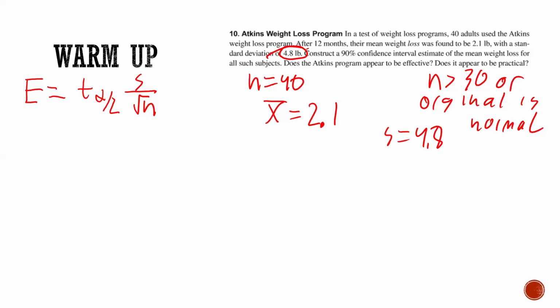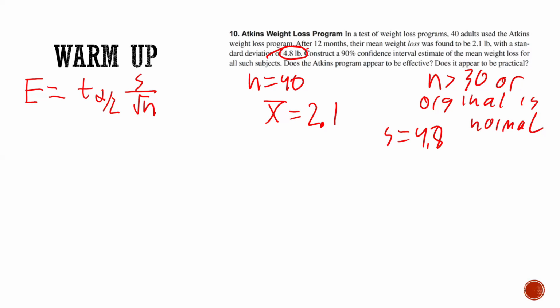Typically you don't, because you're making a confidence interval for the mean, right? If somehow you know this population standard deviation, like that would be pretty magical, right? How would you know that if you don't know the mean of the population, right? The whole point is we're making a confidence interval for the mean, right?